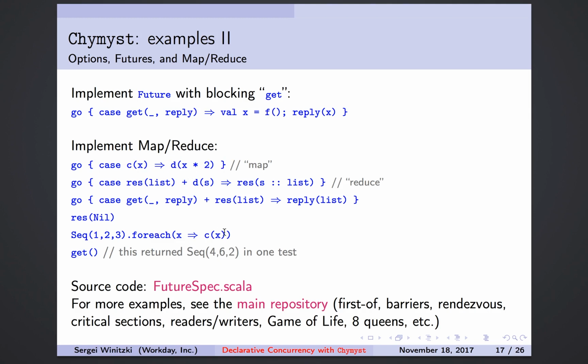So the result will be that, let's say here we emit several molecules C. After all these reactions run, and they run automatically in parallel, we will get a bunch of molecules D.